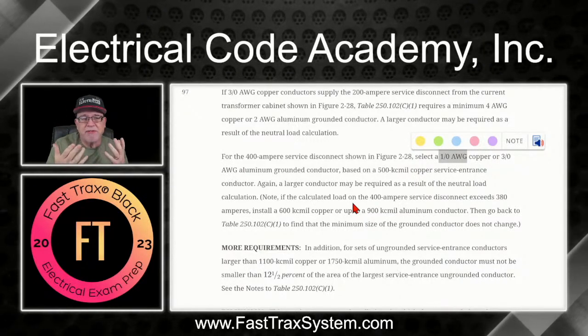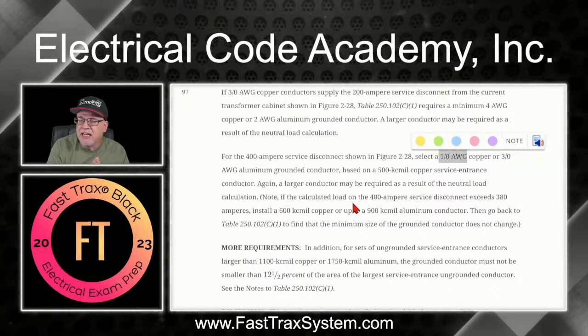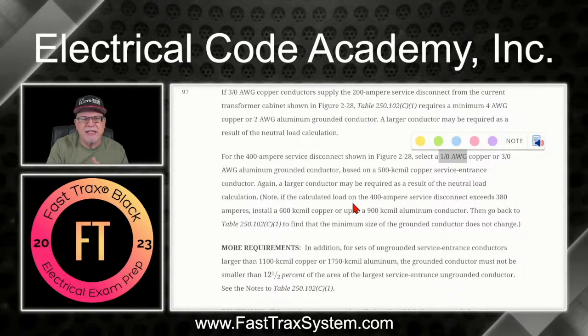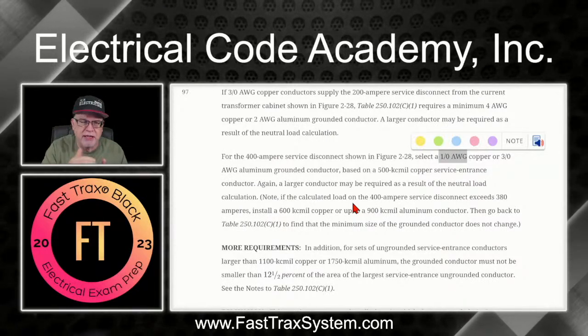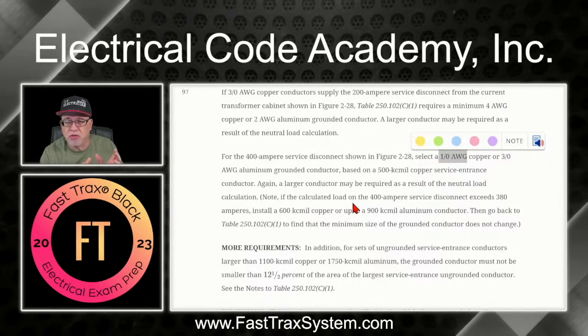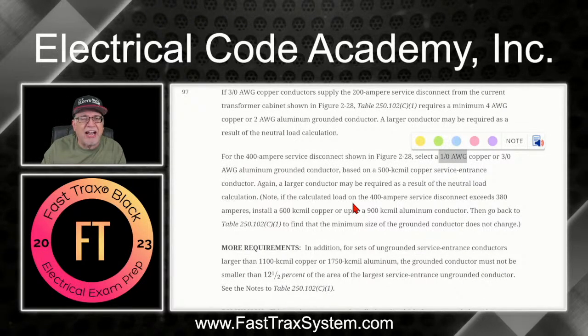Okay, so a 500 kcmil would be fine if your calculated load is not exceeding 380 amps. If it is exceeding 380 amps, then that 500 kcmil is not going to work because it's limited to 380. So then you would have to go up to a 600 kcmil. Okay, but that's the conductor you're going to use, the ungrounded conductor, in order to size the minimum size grounded conductor.